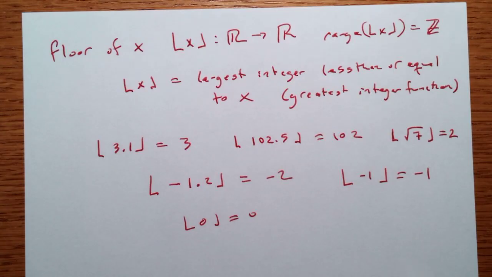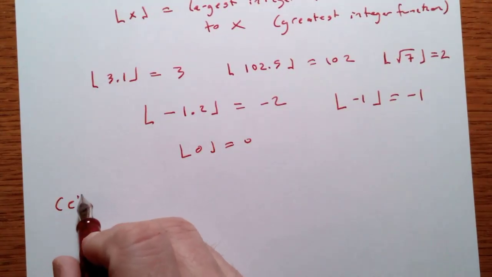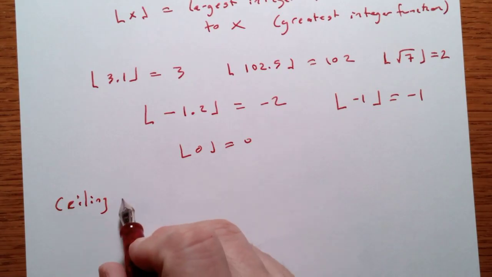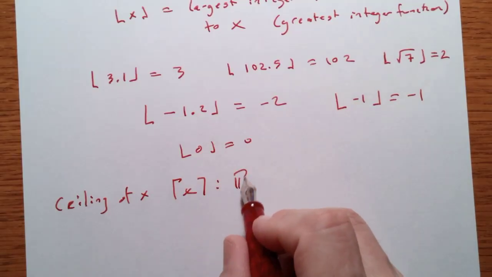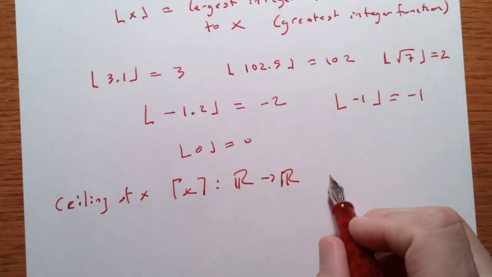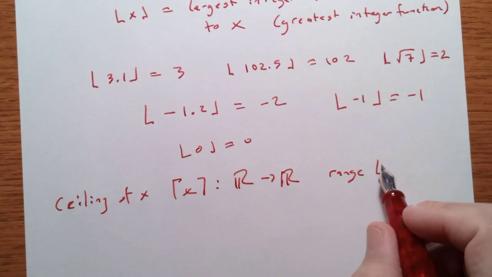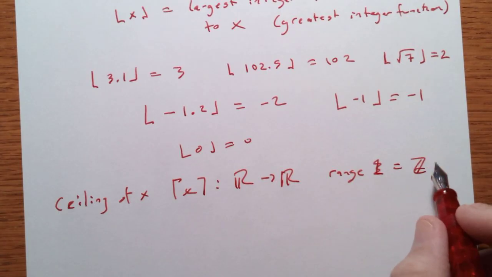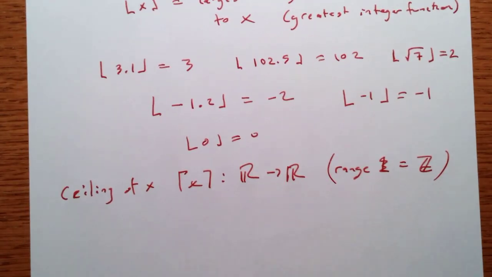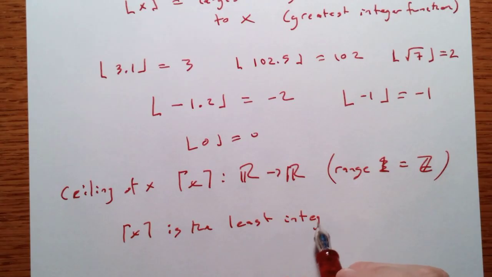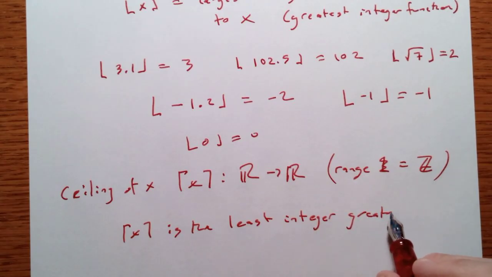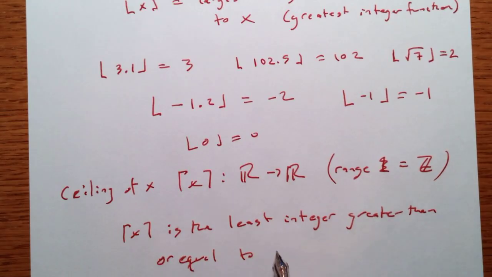If you round up instead of rounding down, you have the ceiling function. Ceiling of x is the least integer greater than or equal to x.